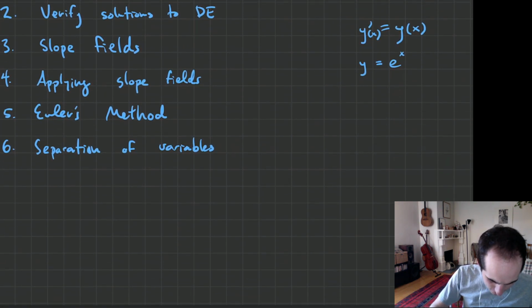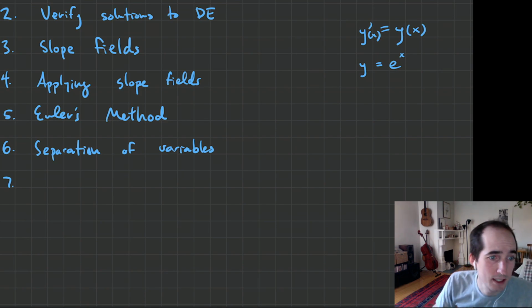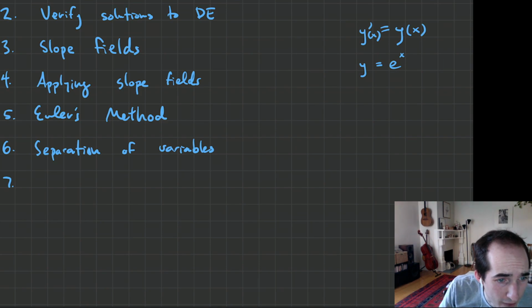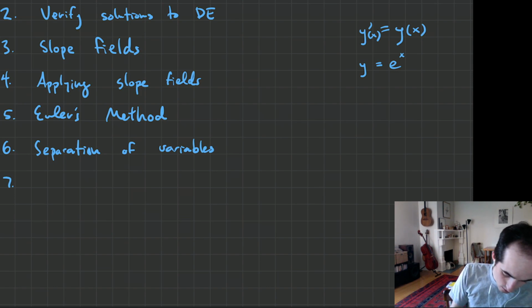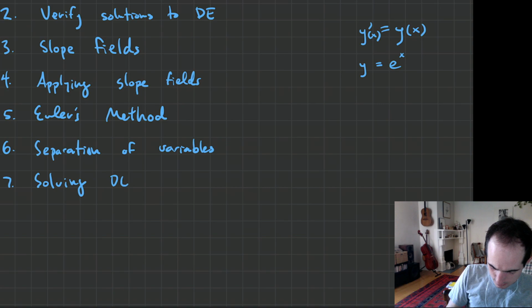Okay, number 7. We're almost done here. Number 7 is finding particular solutions using initial conditions and separation of variables. So I guess what I'll say is solving DEs with initial conditions.